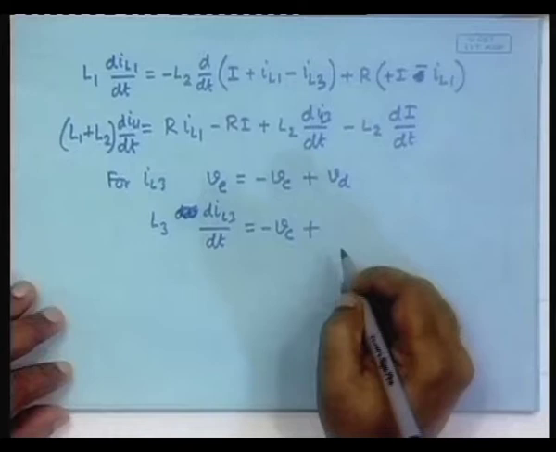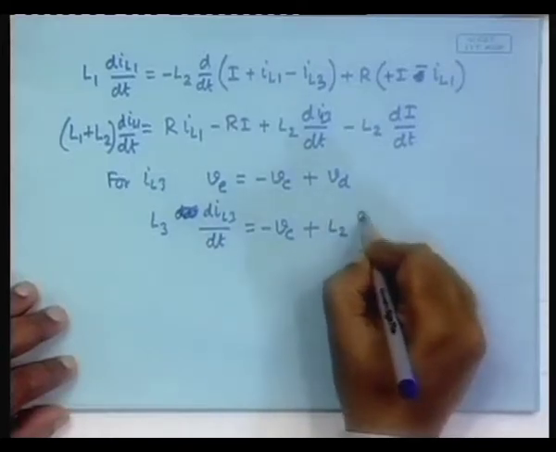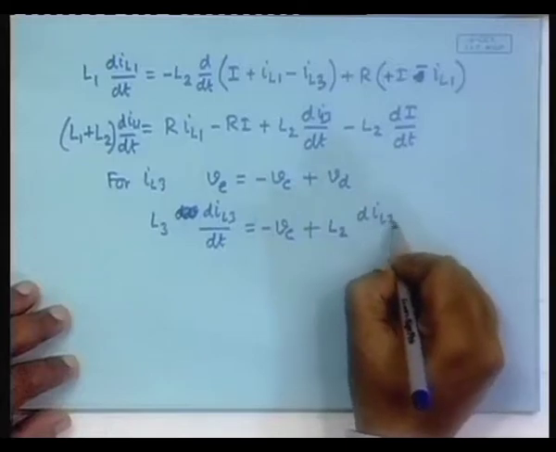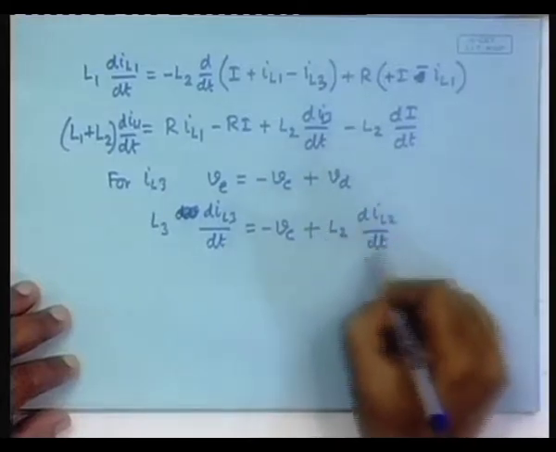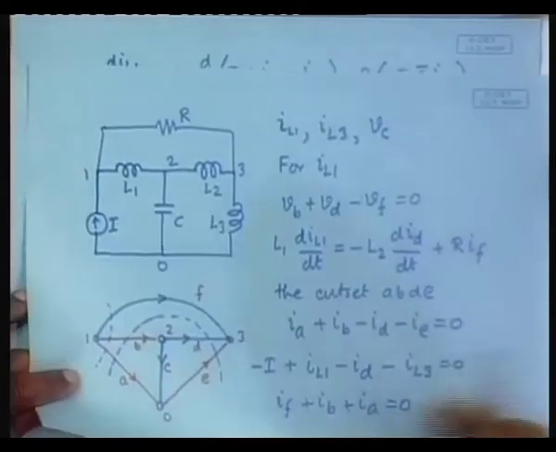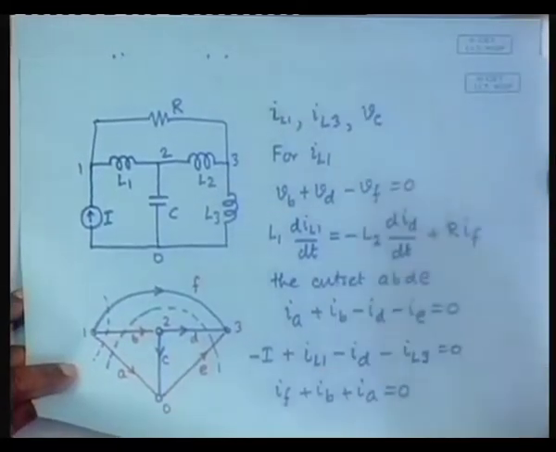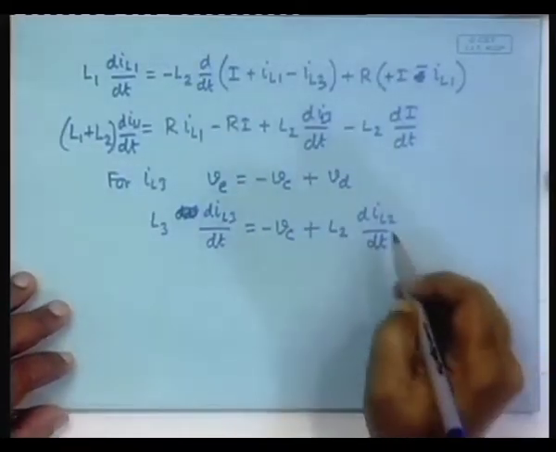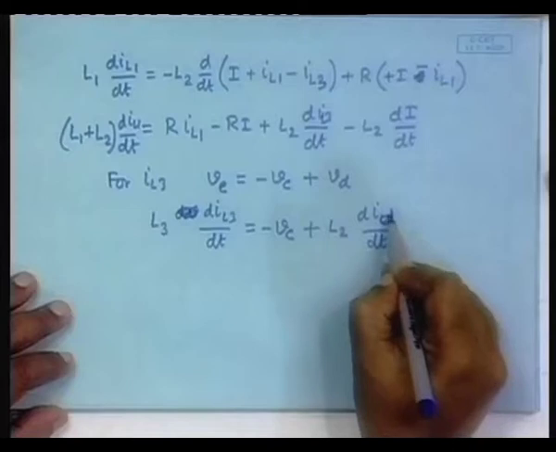We had the same problem here, we will extract it. So plus L2 dI dt, but this term we need to substitute exactly in the same way as we have done here. So substituting this equation, we have, oh, I should have written ID.